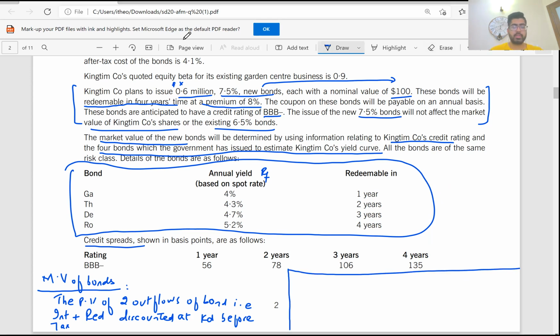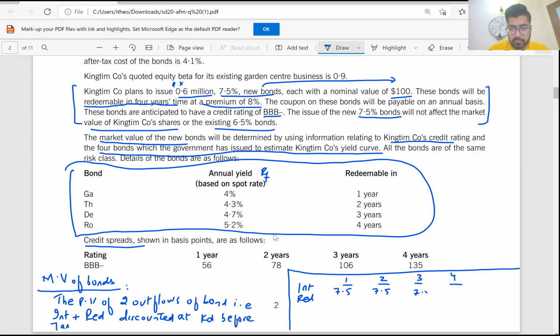So when the question asks you market value, bond is the present value of two outflows, interest and redemption, discounted at KD before tax. This bond is redeemable in 4 years. So 1, 2, 3, 4. There are two outflows on this bond: interest and redemption. Interest is 7.5% of par 100, so interest is 7.5.